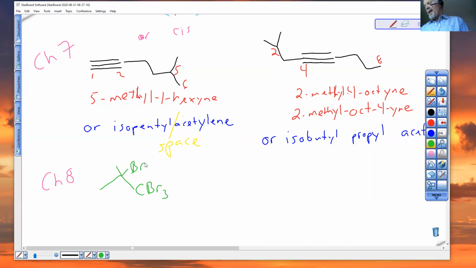If all of the hydrogens have been replaced by halogens, there's a quicker way than to go with an IUPAC name, which is going to be tedious. 1, 1, 1, 2, 2, 3, 3, 3. There's all the positions of the bromines. That's 8 bromines, octabromo.